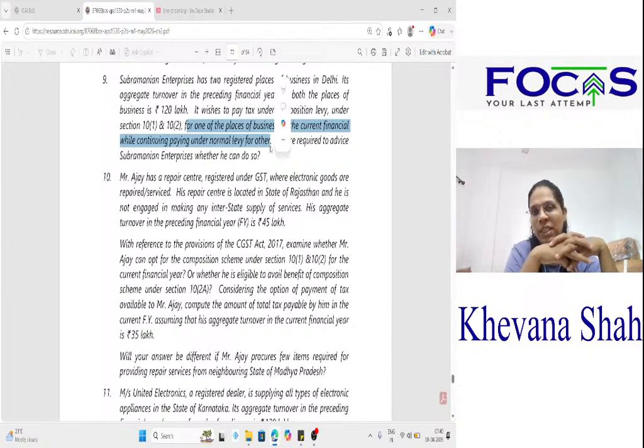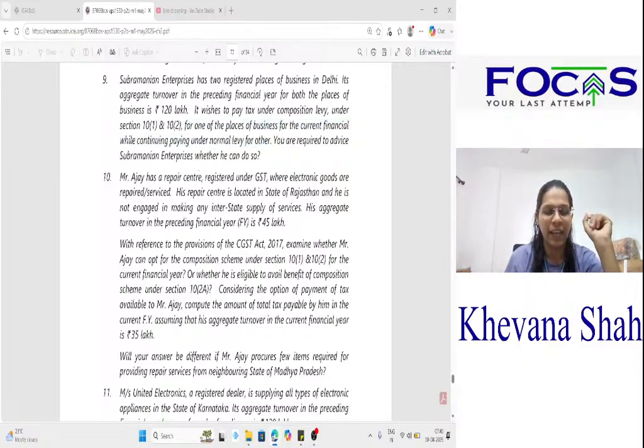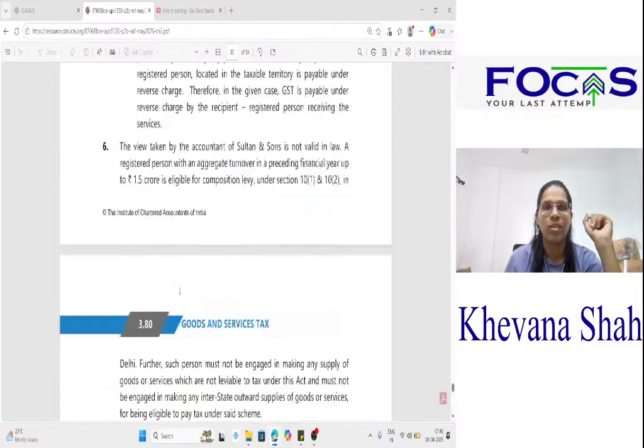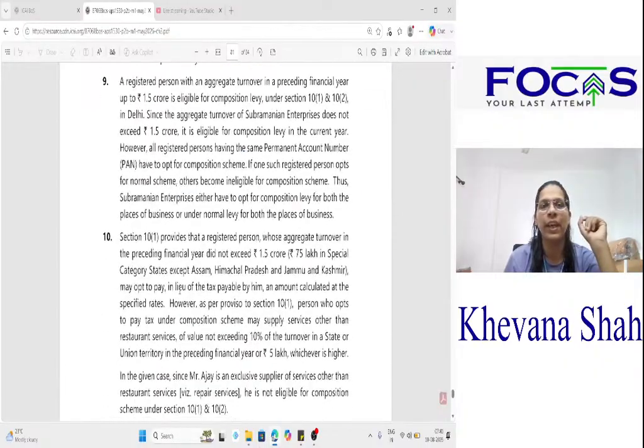You can never do that for one location you go for composition scheme and for another location you go for normal scheme, if you have the same PAN number in registration of both these places. Now they are asking us to advise whether he can do so. As I've already told you, he cannot do so. Let's read the answer and go through it.